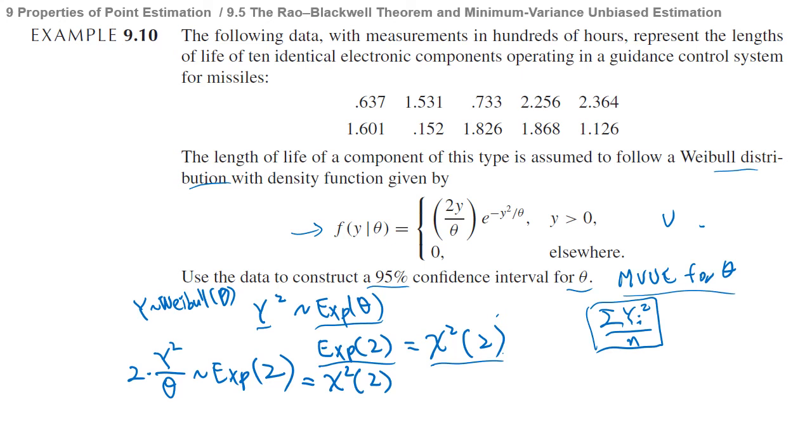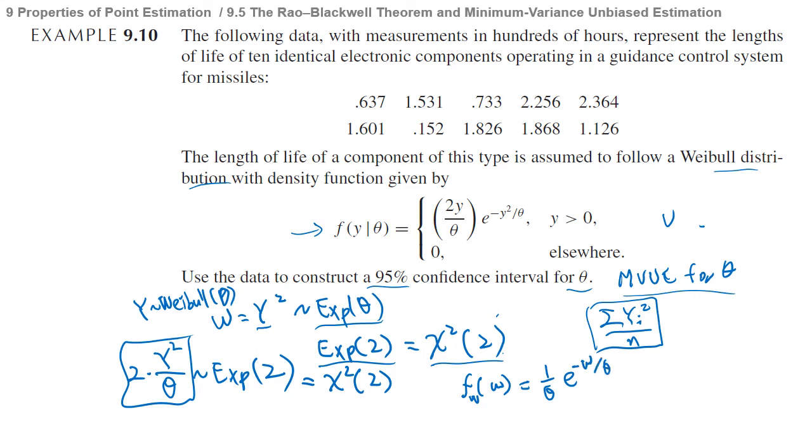So this is what we were going to use, and to prove that, let's say Y squared is W, and if W follows an exponential distribution with zeta, then f of w is 1 over zeta e to the minus w over zeta.